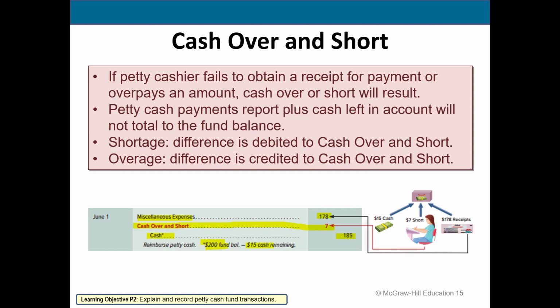So the difference between what we have receipts for and the amount we have to credit cash for will be either debited or credited to our cash over and short. In this example, we are short $7, so that means they forgot to put a receipt in for $7 or they paid out too much. So regardless, we have to reconcile this, and here we're going to debit cash over and short for the amount of the shortage.